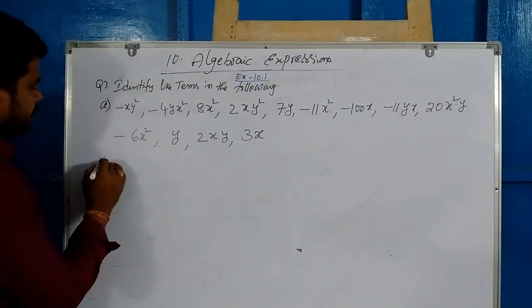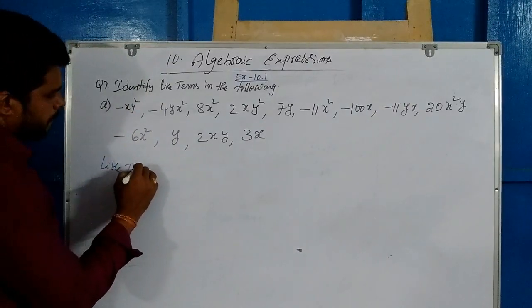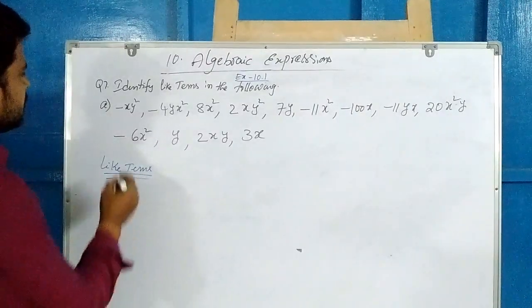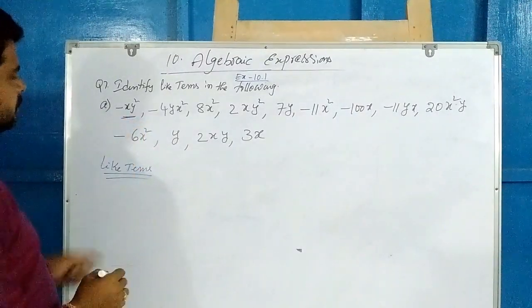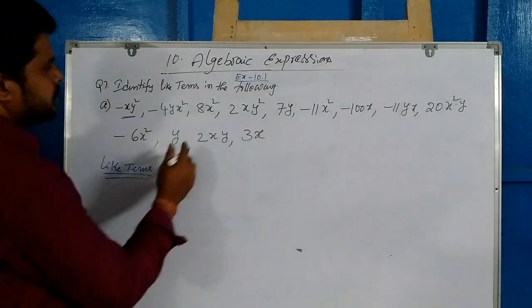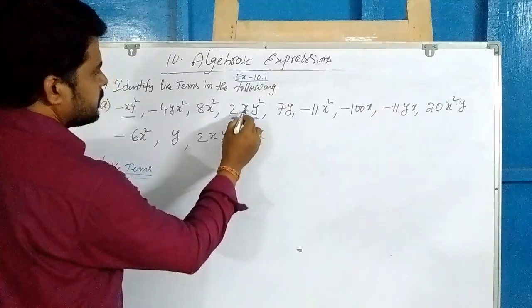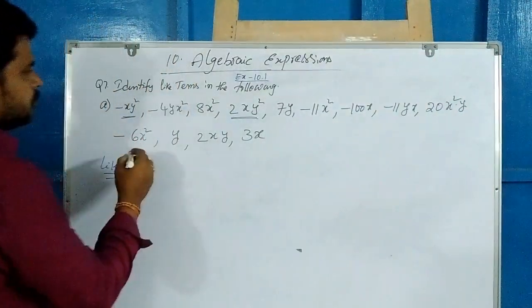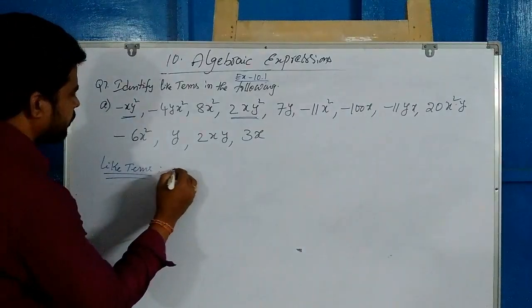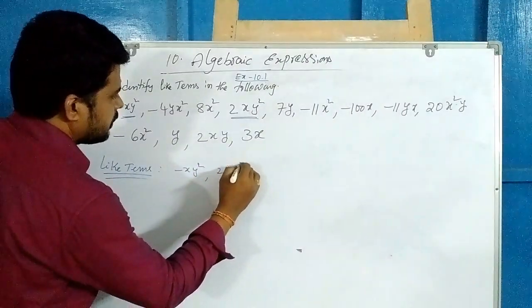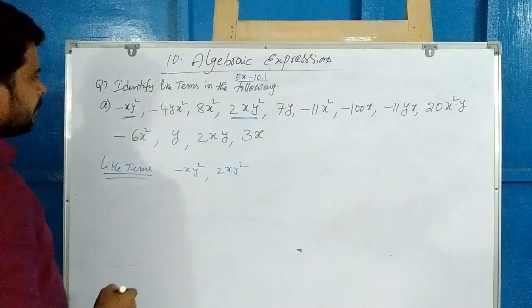You need to find like terms. First, check here x y square, that means 1 x, 2 y's. See, this is also 1 x and 2 y's. So minus x y square and 2 x y square are the like terms.